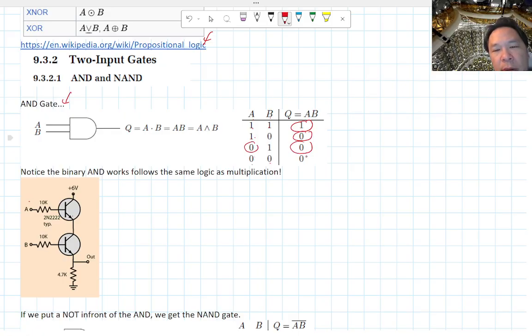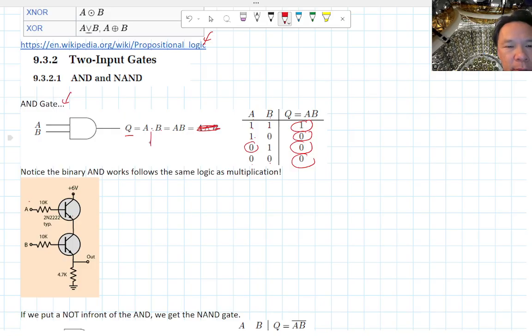If both are low, then you go low. So on an AND gate, the output is only high when both of the inputs are high. And this Q here is the output, and it's symbolized with A dot B, or A next to B. Let's not worry about this caret one for now, because we don't actually use it in this book.